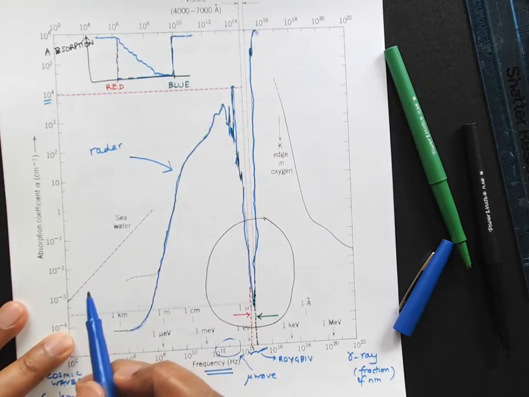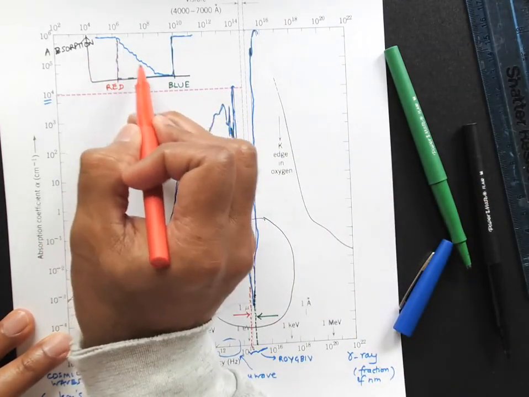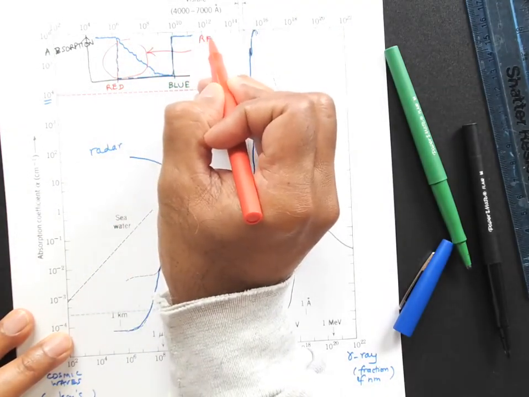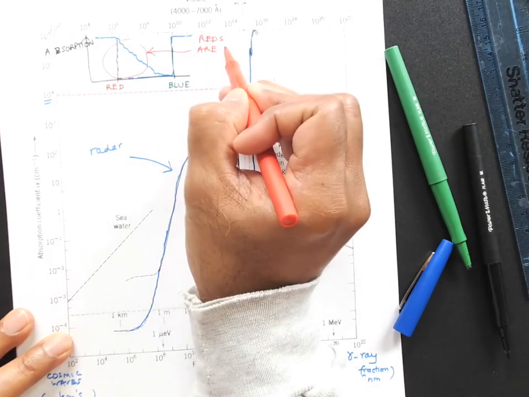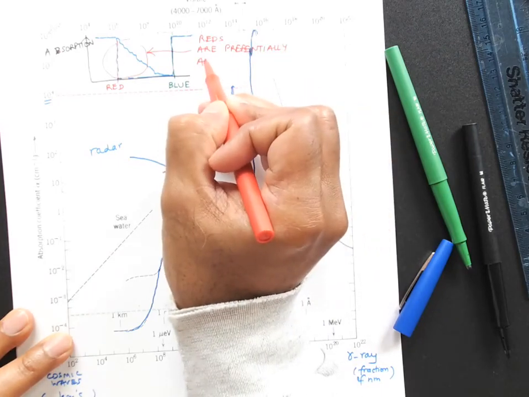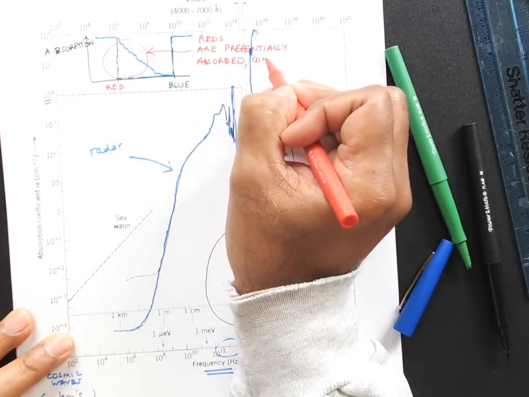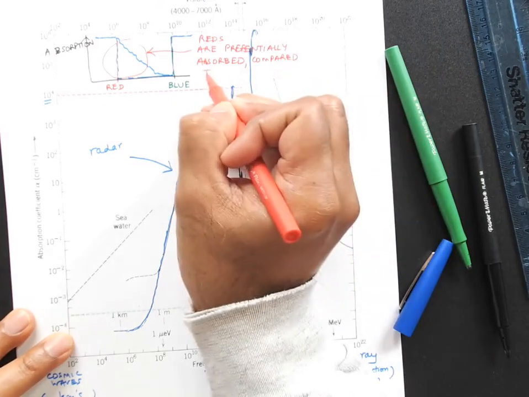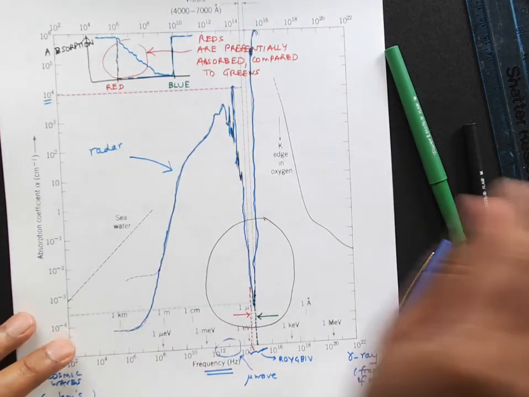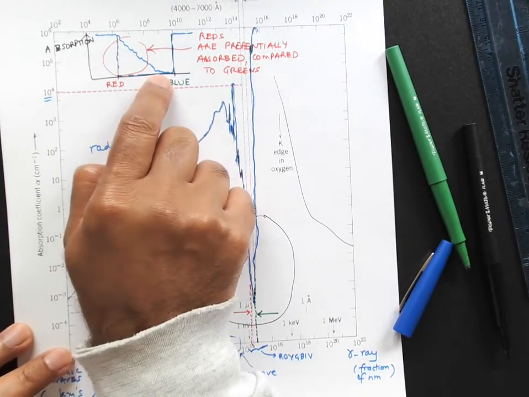Okay, and so what you see is that the reds, as it goes down to zero, you see in here, this part, that reds are preferentially absorbed. Okay, compared to greens. And that's why when you're underwater, things appear green. Because the reds get absorbed out, the greens and the blues don't get absorbed as much. Okay?